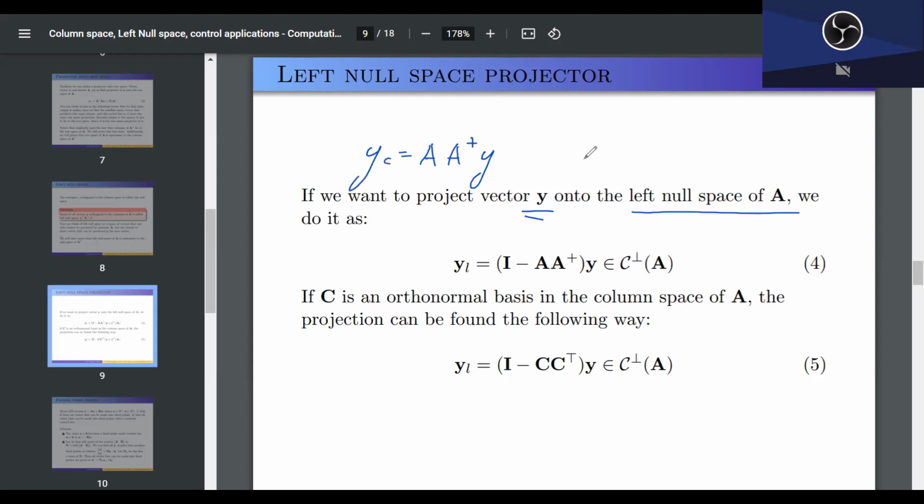The projection onto the left null space, what is it? Well, it is y minus the projection onto the column space, right? So this is how we get this formula. How did we get this formula? Well, y is equal to its two orthogonal components.